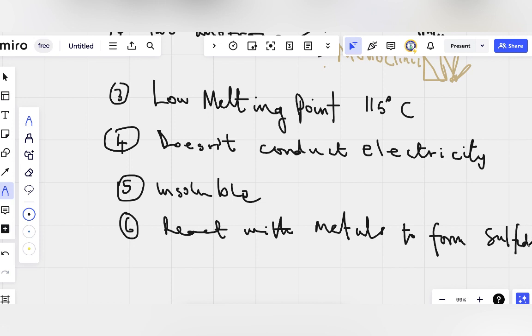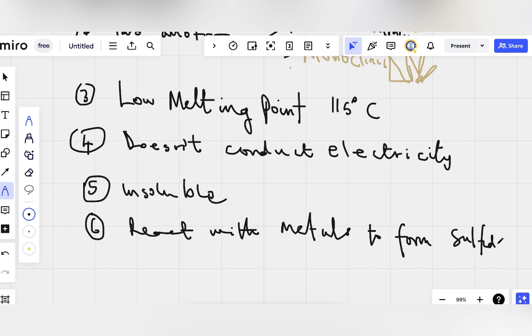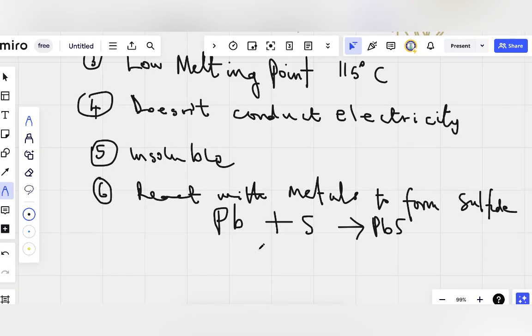Forgot? Lead is a metal. React with metals to form sulfide. We've given you an example previously. Lead reacts with sulfur, for example, lead plus sulfur to form lead(II) sulfide. This is an example of what we are saying. It also reacts with iron to form iron(II) sulfide. We say it reacts with metals, not only lead, iron to form iron(II) sulfide, and so on and so forth.